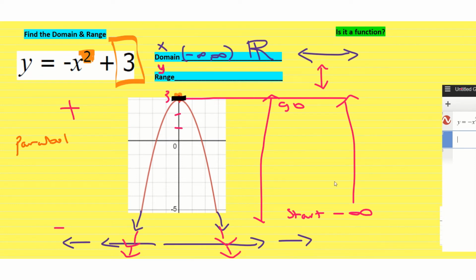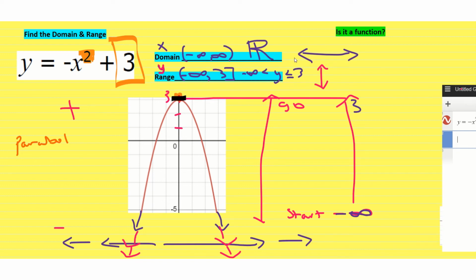So it goes from negative infinity to 3, and it stops at the 3. Another way to look at this is negative infinity is less than our y values, which is less than or equal to the 3 where it stops.